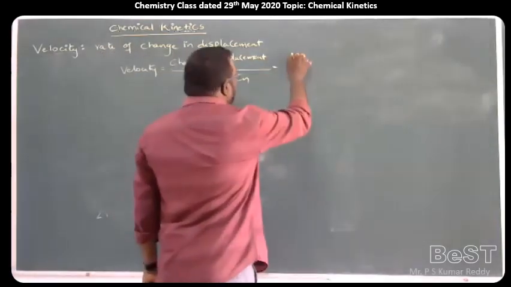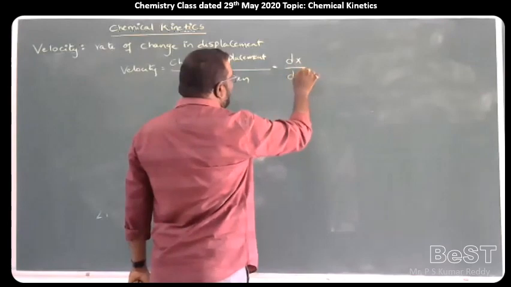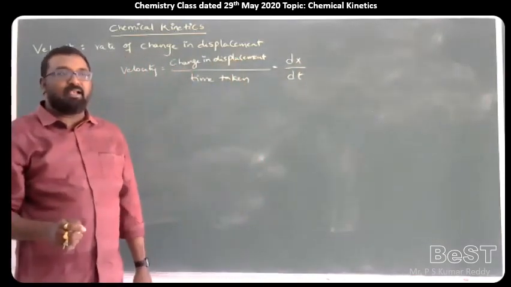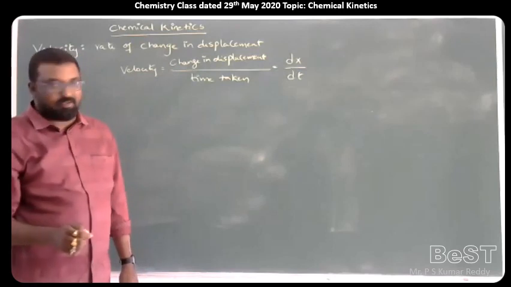Which will be shown as dx by dt, where dx is a small change in displacement and dt is the time taken for it.